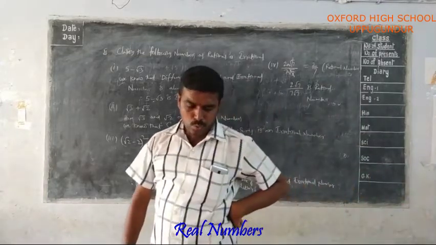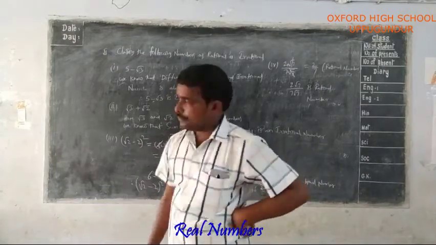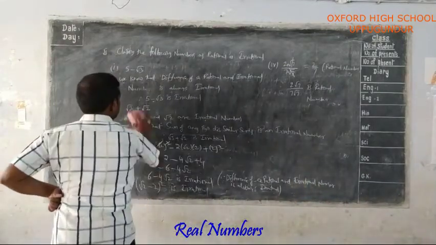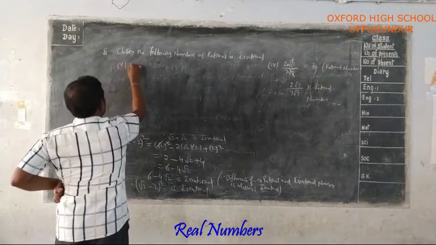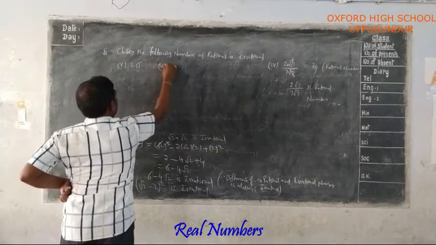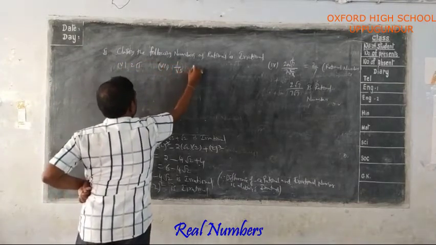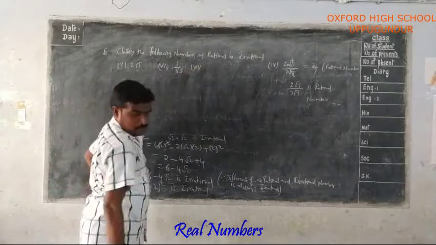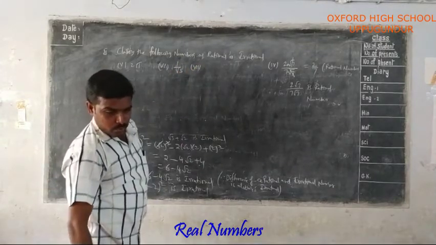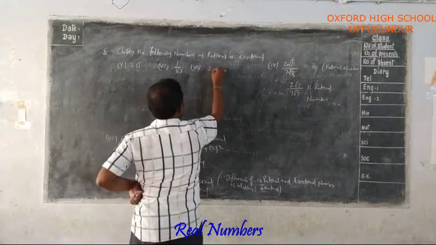Next, 2 pi. Fifth one, 2 pi. Sixth one, 1 by root 3. Seventh one, 2 plus root 2 into 2 minus root 2.